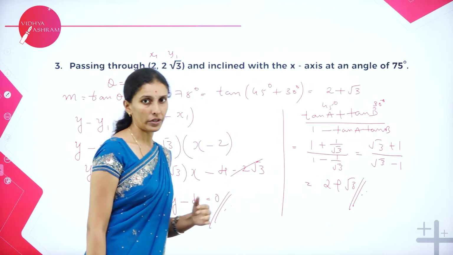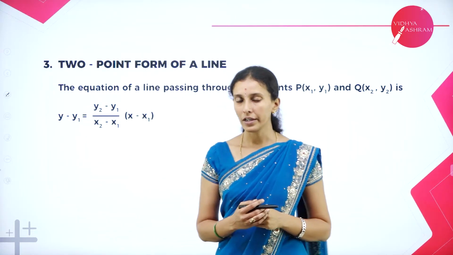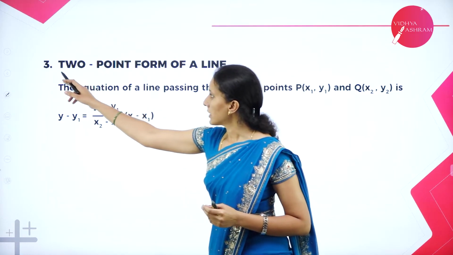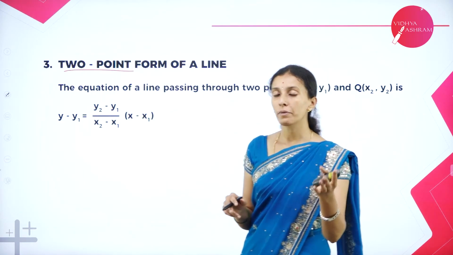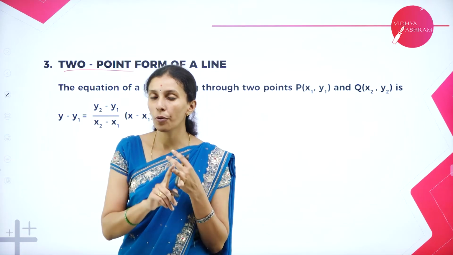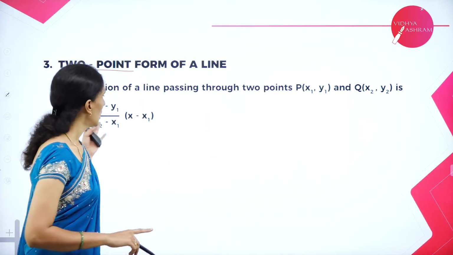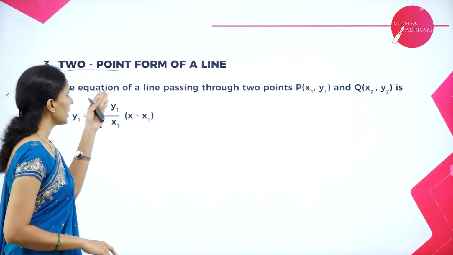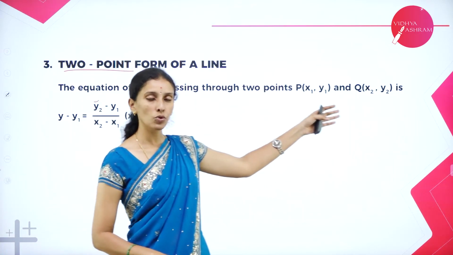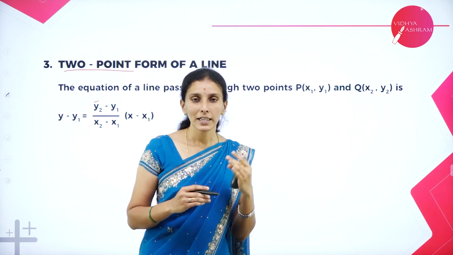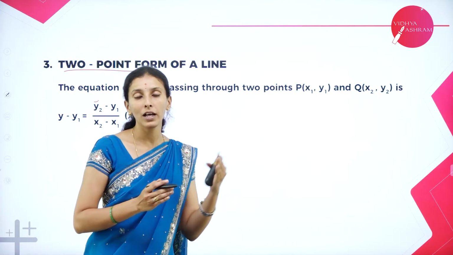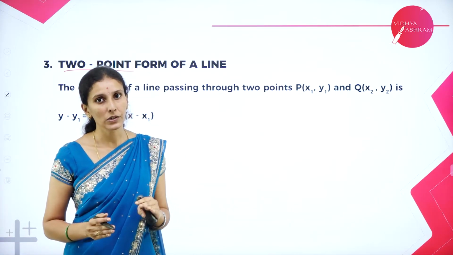Next we have one more general equation to write the equation of a line when it is passing through 2 points. So in our previous case, the point and the slope of the line is given, but here only the points are given. Whenever the line is passing through 2 points, we can calculate their slope using the formula (y2 minus y1) by (x2 minus x1).